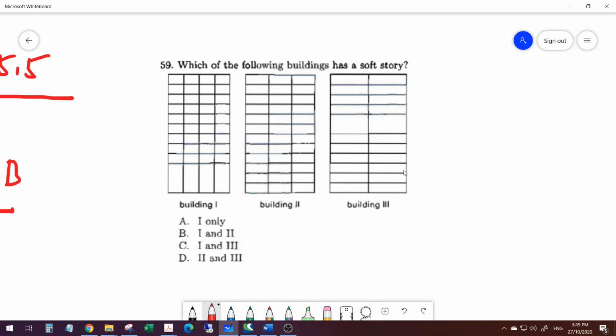Because there's a vertical irregularity here. So this will definitely cause a soft story. And then also this one, soft story. Unlike building 2, there's no vertical irregularity.